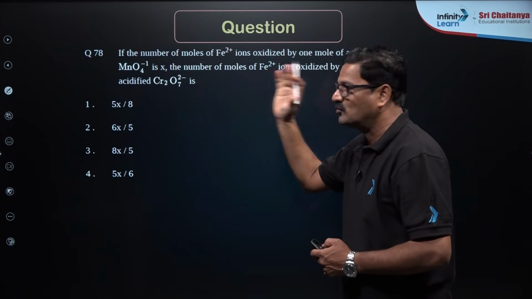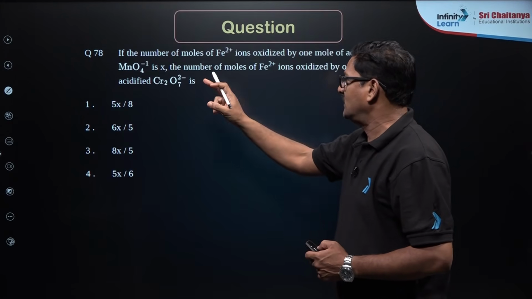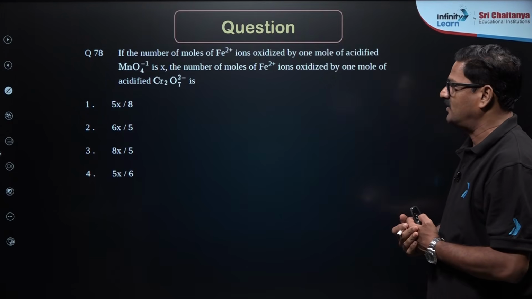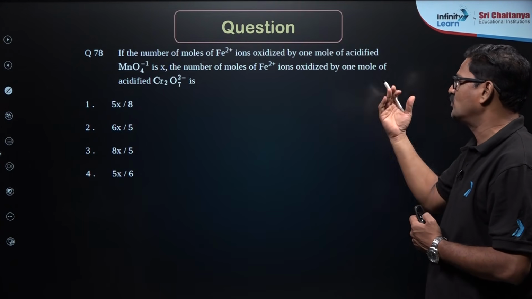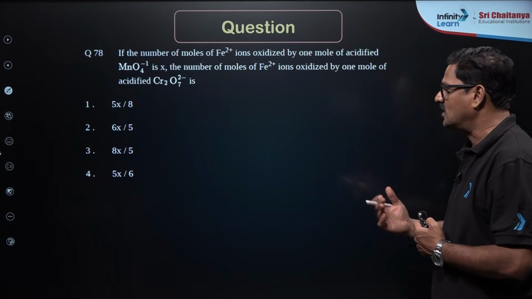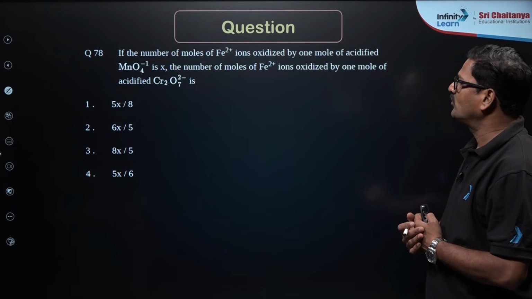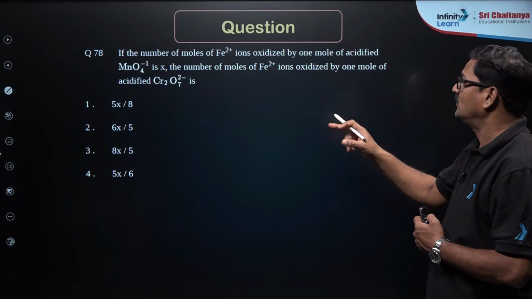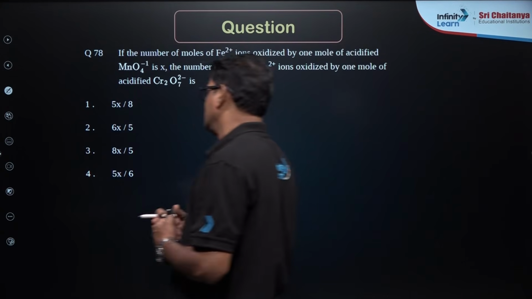Students, here is a question from redox reactions and the concept of equivalence. If the number of moles of Fe2+ ions oxidized by 1 mole of acidified KMnO4 is X, and the number of moles of Fe2+ oxidized by 1 mole of acidified K2Cr2O7 is Y, you are asked to find the ratio.